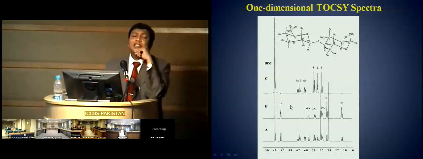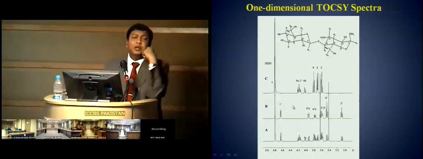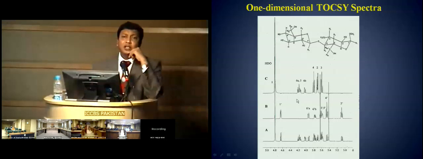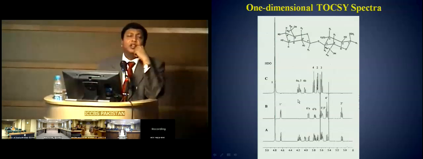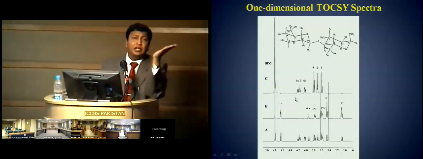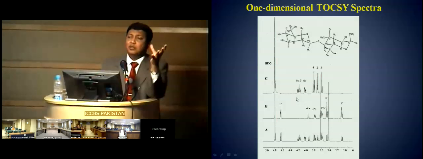So these are the slices cut out of a 2D spectrum. They are not one-dimensional TOCSY, kindly remember. One-dimensional TOCSY is altogether a different animal, because you need to treat it in a very different way also. One-dimensional TOCSY depends on choosing a proton and then looking into the total correlation by spreading over time.